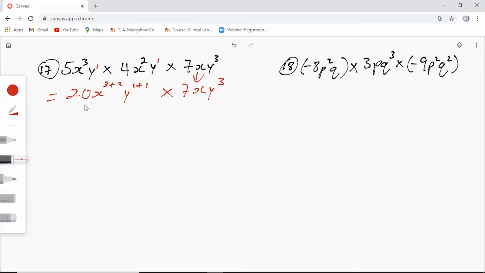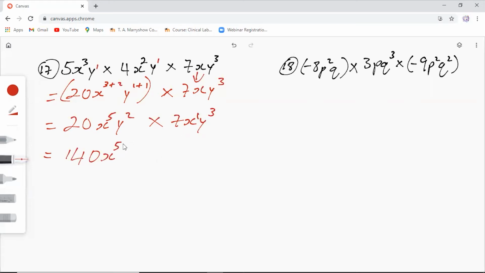Let's continue. Let's simplify this part here. So we get that to be 20 x to the power of 5 y squared, and we're going to multiply that by 7xy cubed. Now 20 times 7 is 140. So we get 140, x to the power of 5 times x to the power of 1 is x to the power of 5 plus 1.